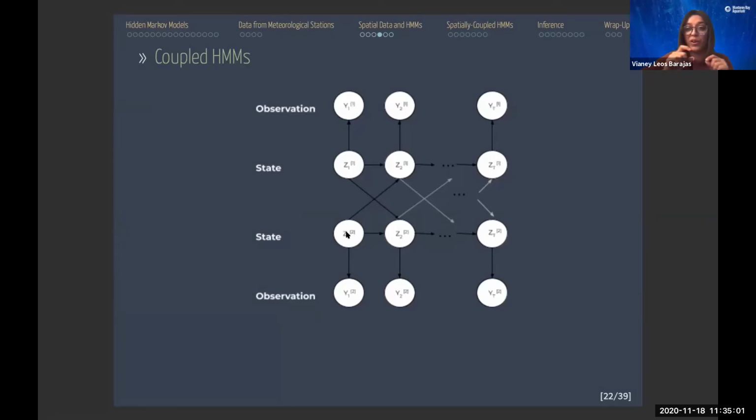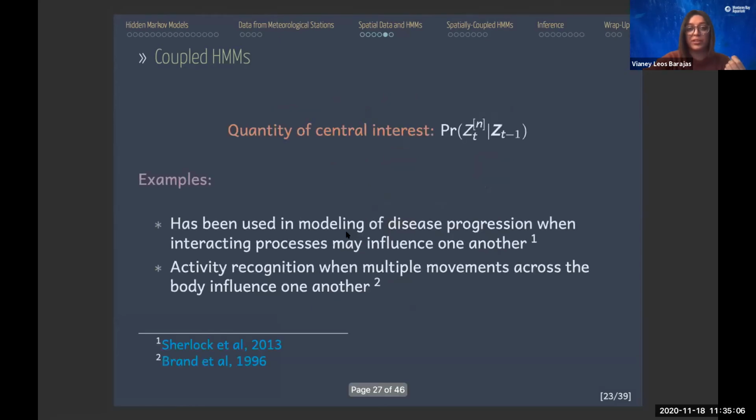So you can incorporate it almost as covariates, which means that in your HMM framework, the quantity of central interest for a coupled hidden Markov model, in your transition probability matrix, is the probability that Z_t, the state at location n at time t, depends on all of the other state processes at time t minus 1. It's almost covariates, more like latent covariates. Yeah, latent covariates. Sure. Right, it's an unobserved process.